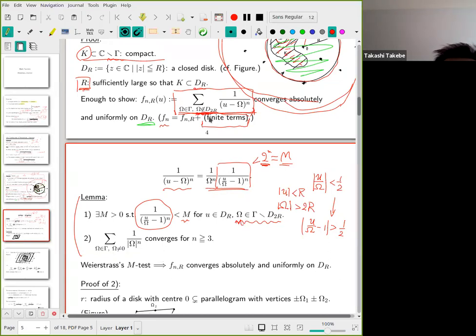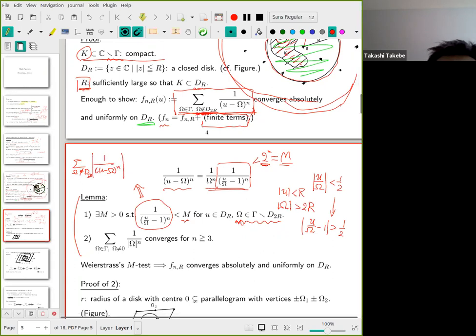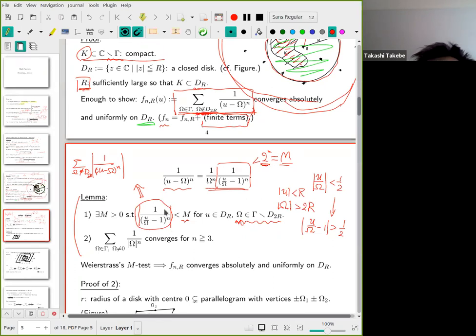And so this means that, sorry, I forgot to put absolute value. The absolute value of this term is less than M.